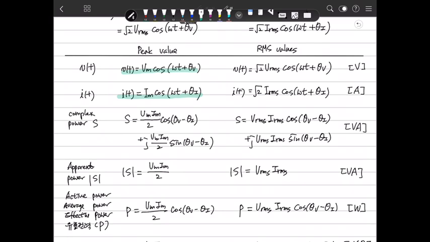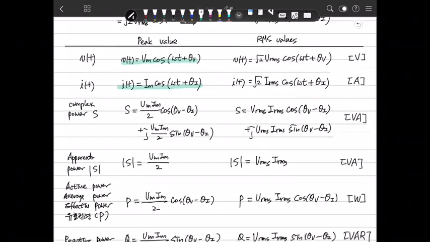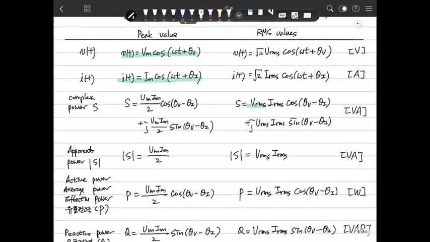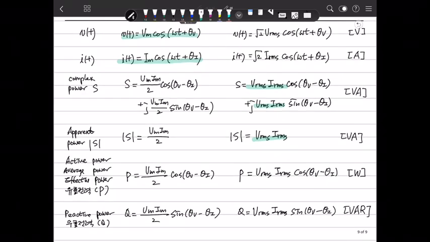But from the viewpoint of power, RMS is simpler: V RMS, I RMS. So generally in the AC system, RMS is used more frequently because it is a little bit simpler. When you say the outlet voltage is 220 volts, that is not the peak value, that is the RMS value.